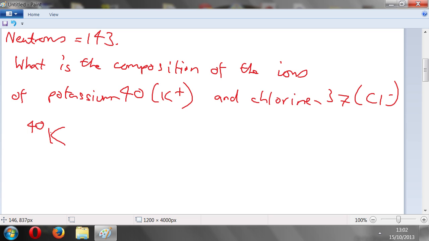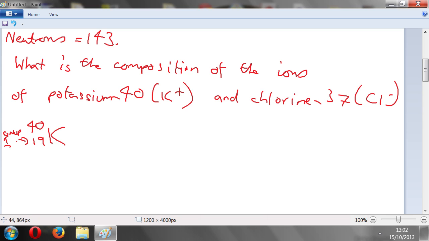So let's find out what the atomic number is. I'm just going to quickly see what the atomic number is. The atomic number of potassium is 19, and it's group 1, so it's going to have 1 electron in the outer shell.